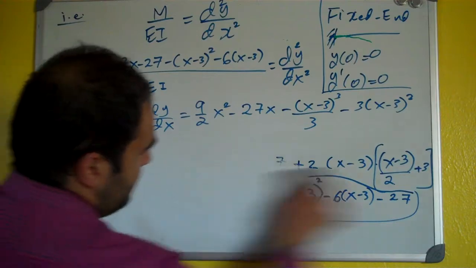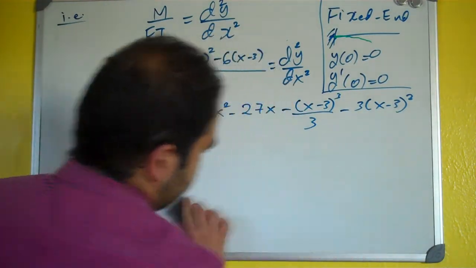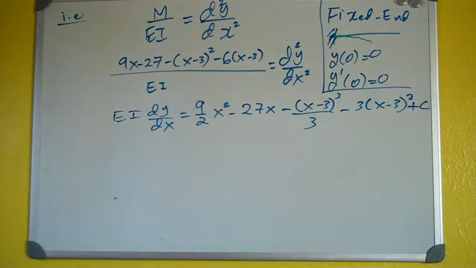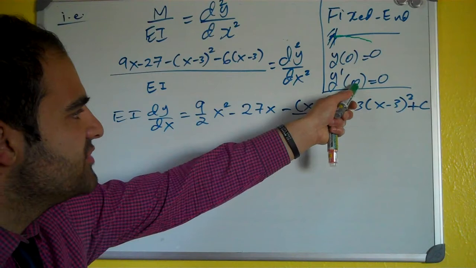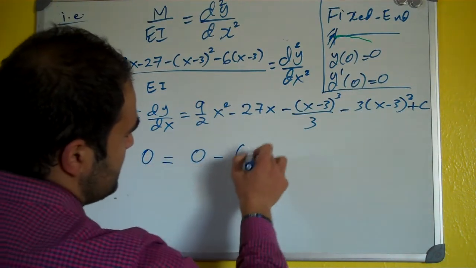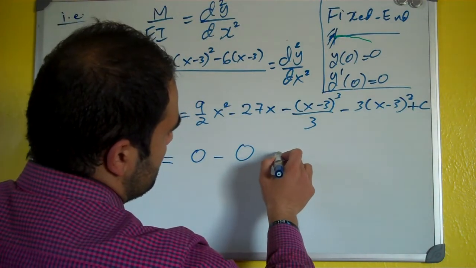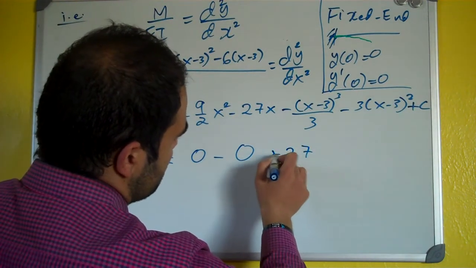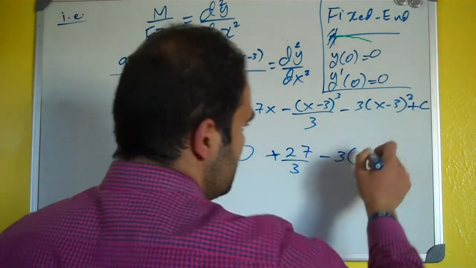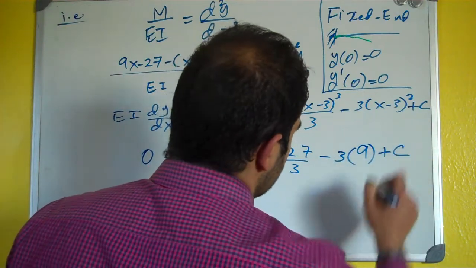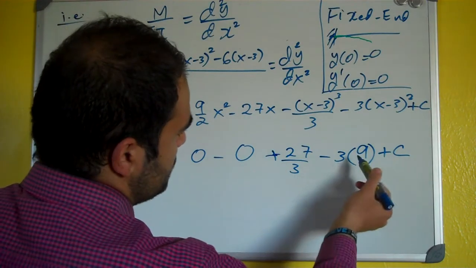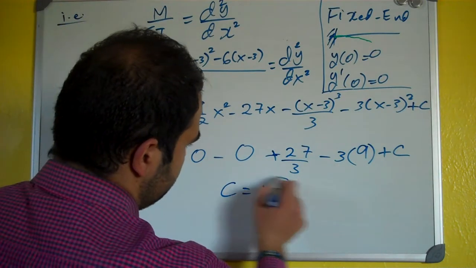Plus, obviously, plus C, we forgot that. Now, y prime of 0 is 0, so that's 0, 0, 0, minus 27, actually positive, over 3, minus 3 times 3, so that's 9, plus 6, so that is 27 over 3, that is 9, 27, so C equals 18.